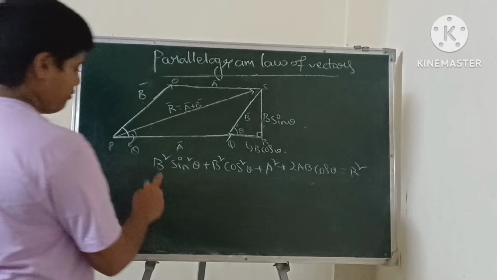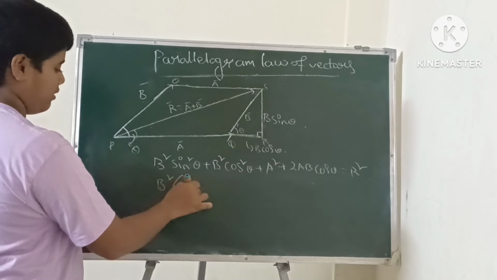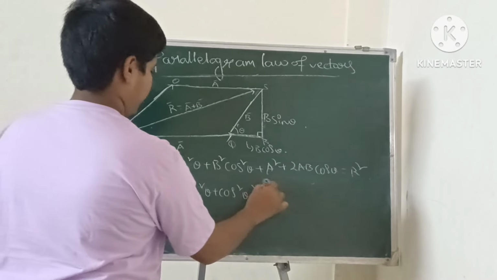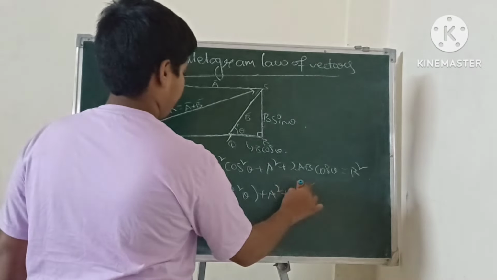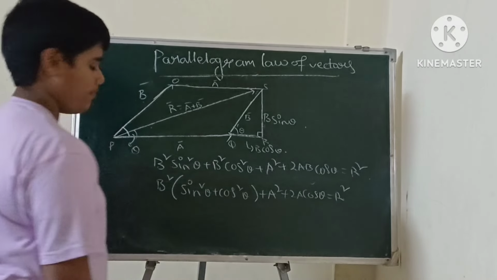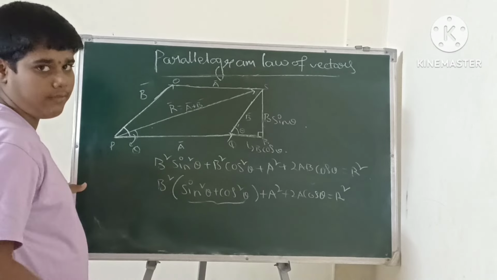So from this we can take common B square into (sin square theta plus cos square theta) plus A square plus 2AB cos theta equals R square. Okay. Here sin square theta plus cos square theta means 1.